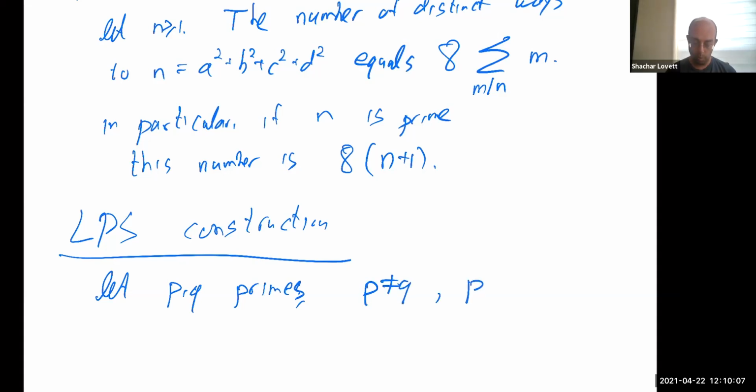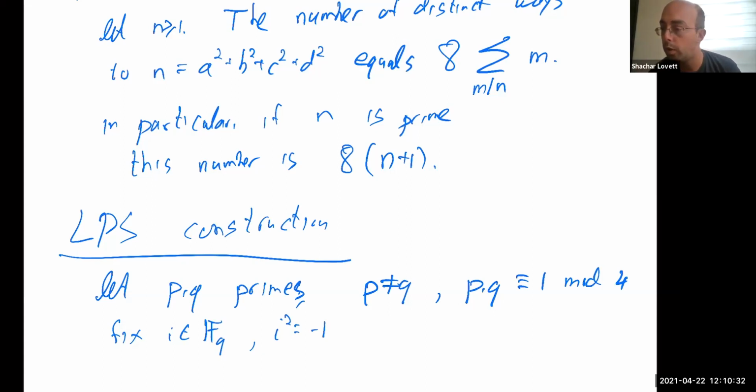And also p and q are going to be congruent to 1 mod 4, so we can apply fact 1 we had. And let's fix some element i in F_q such that i squared equals -1 in the field F_q. So i squared is congruent to -1 mod q.